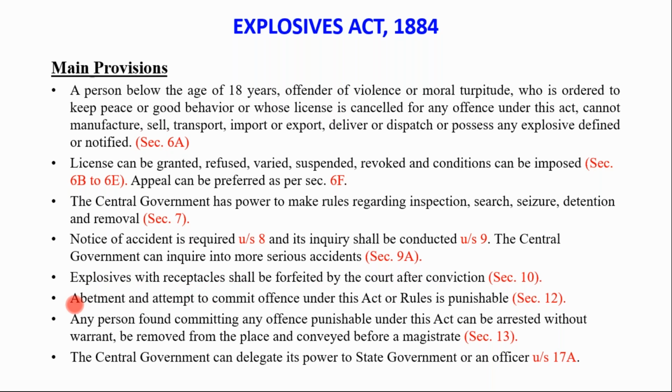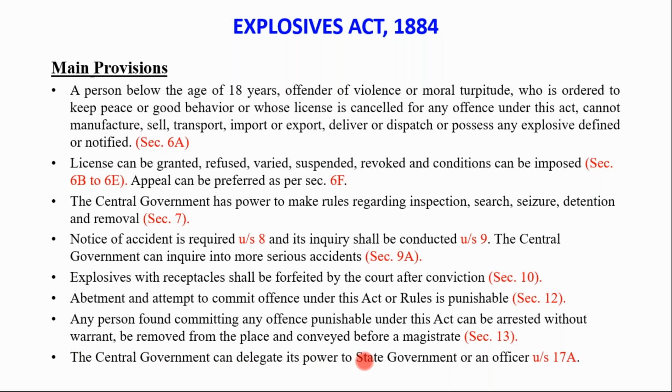With reference to Section 12, abetment and attempt to commit an offense under this Act and rules is punishable. With reference to Section 13, any person found committing any offense punishable under this Act can be arrested without a warrant. And under Section 17A, the central government can delegate its power to the state government or an officer.